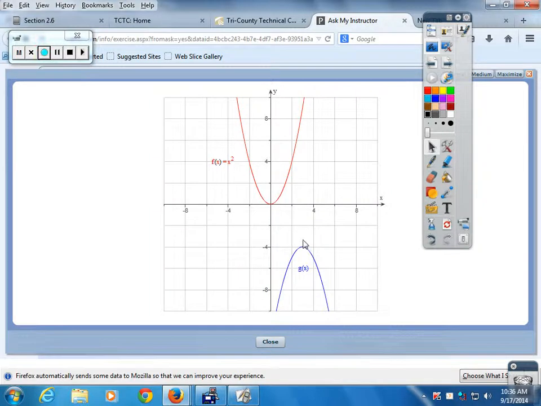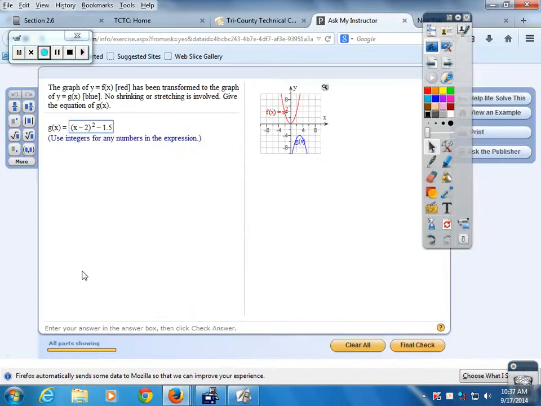In parentheses, x minus 3, parentheses squared, minus 4. That's what it would be. So you'd put a -3 right here and a -4 right there.